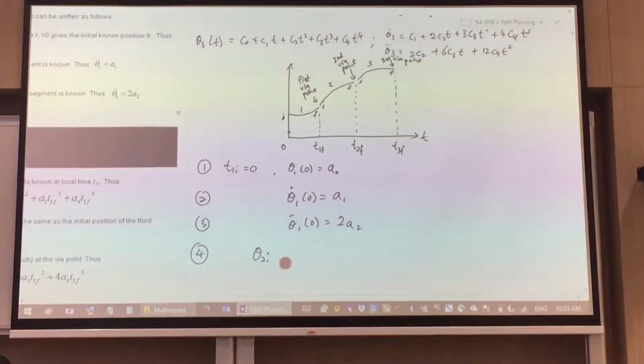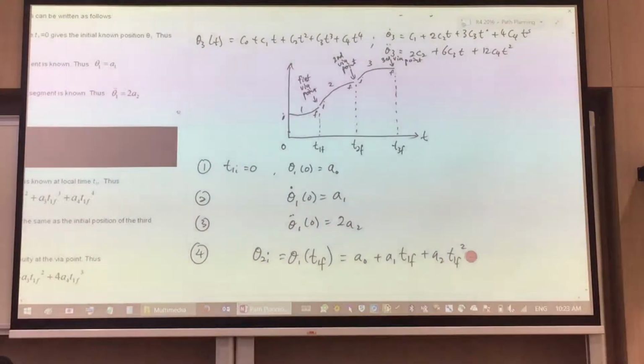This must be equal to theta 1 at the final time T1F. So this will be equal to A0 plus A1 T1F plus A2 T1F squared plus A3 T1F cubed plus A4 T1F to the power 4 for the fourth order polynomial.